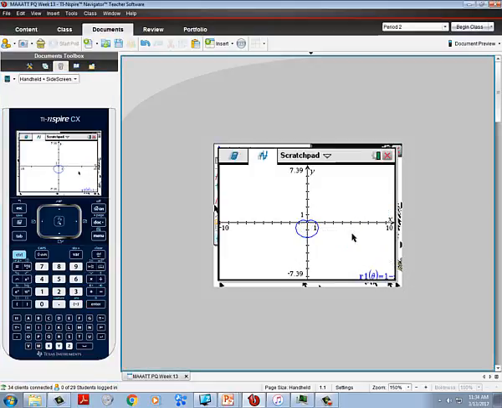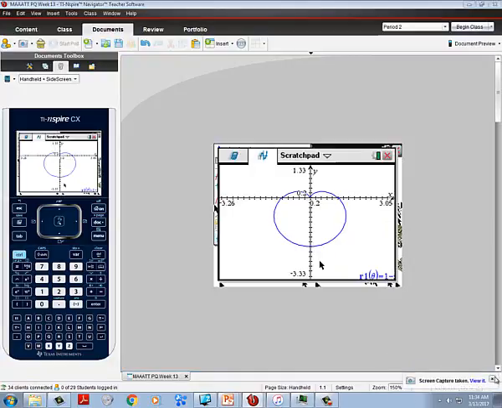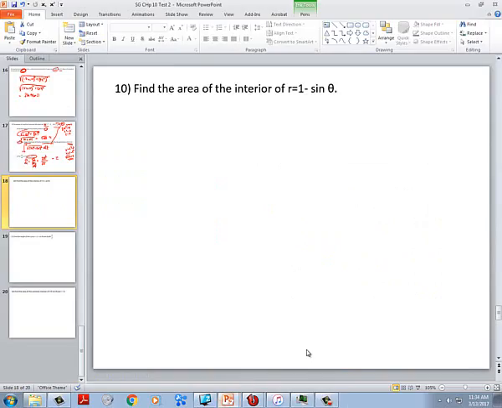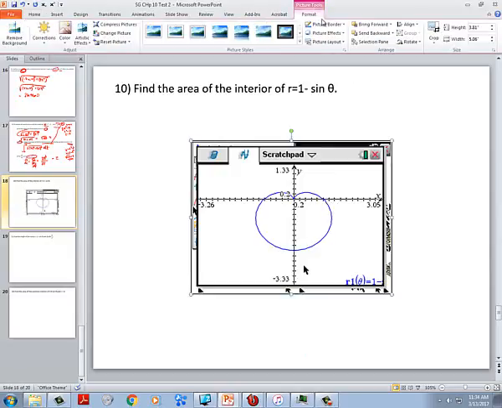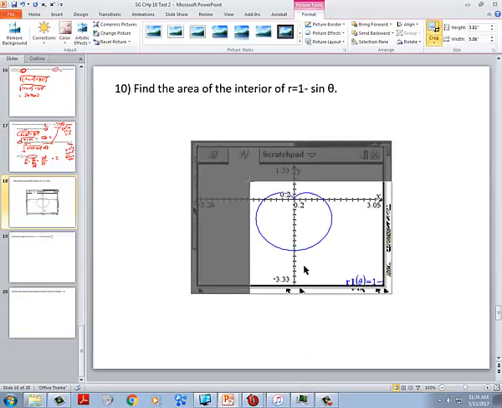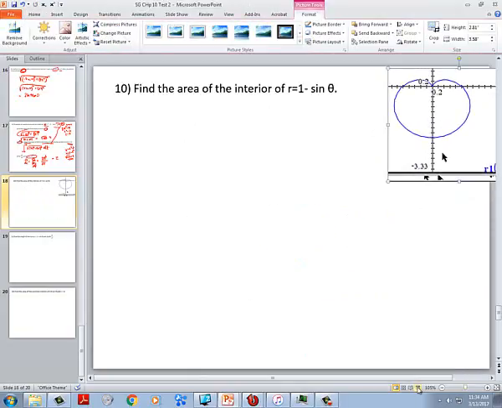I'm going to blow it up a little bit here. All right, I'm going to sketch that picture. If I were you, I would probably sketch it into what I'm studying just so I knew what it looked like. Okay.